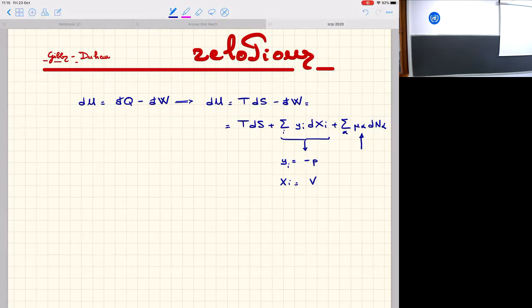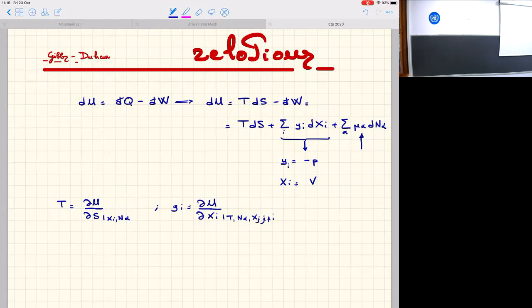All right. So from this formula, you get that the temperature is dU/dS with the others constant. Then the analogs of pressure are dU/dx_i with the other variables constant, so S, n_alpha, and all the other x_j with j not equal to i.